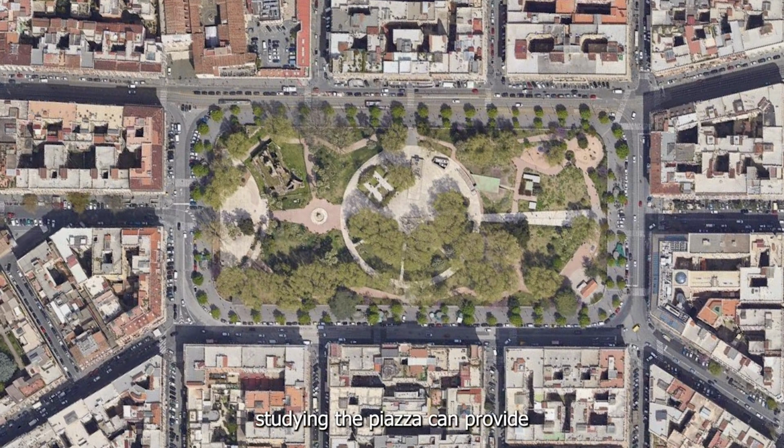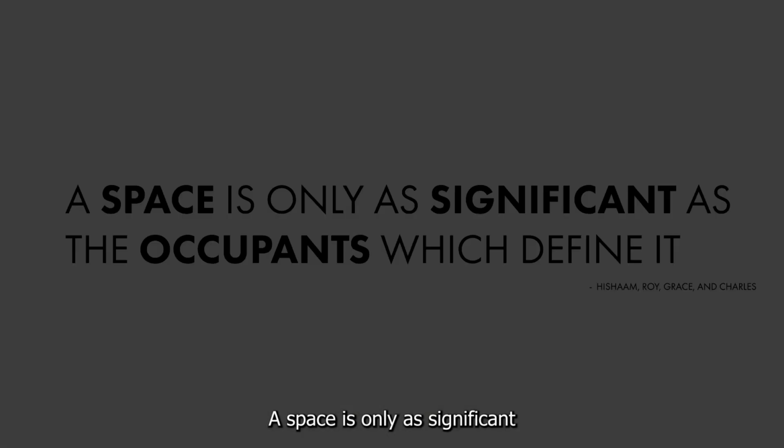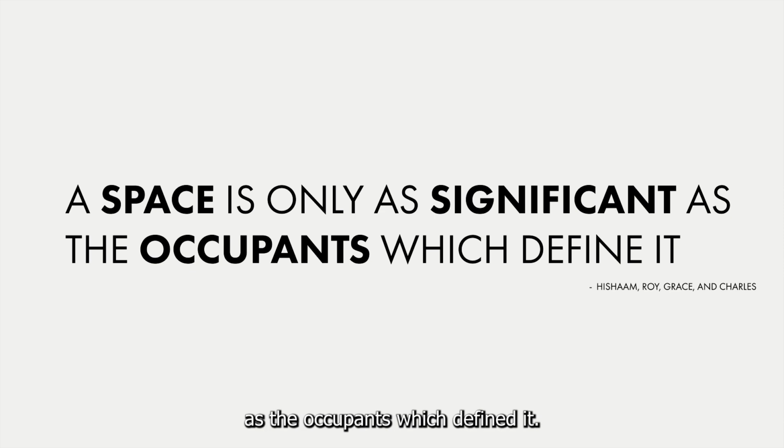As a result, studying the piazza can provide valuable insights into the ways in which the urban spaces are shaped by historical, cultural, and social forces, and how they, in turn, shape the societies that inhabited them. A space is only as significant as the occupants which define it.